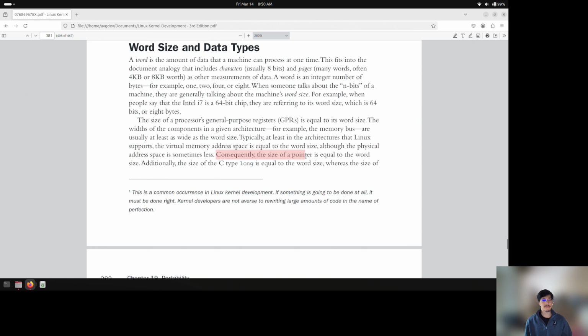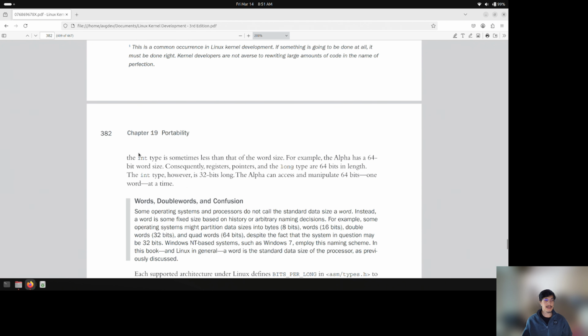Consequently, the size of a pointer is equal to the word size. That makes sense. Yep. You want to represent an entire memory address with the CPU's native word size. Additionally, the size of the C type long is equal to the word size, whereas the size of the int type is sometimes less than that of the word size.